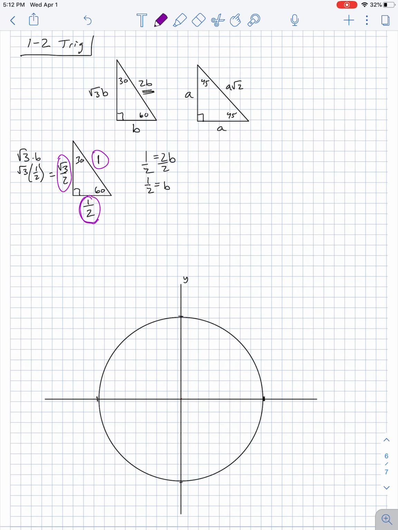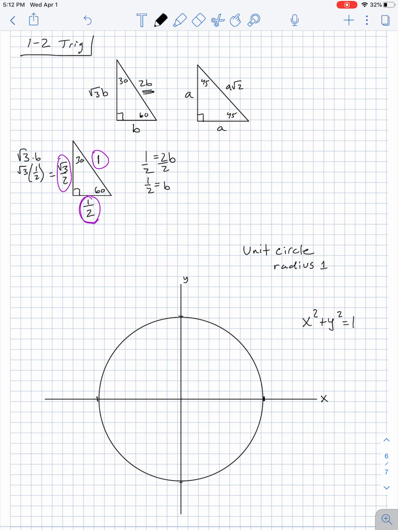And what we're going to do today is construct something called the unit circle. I have that drawn out here at the bottom. The unit circle is a circle with radius 1, centered on the xy coordinate system. So it has an equation of x squared plus y squared equals 1.